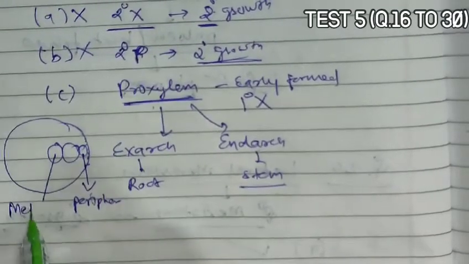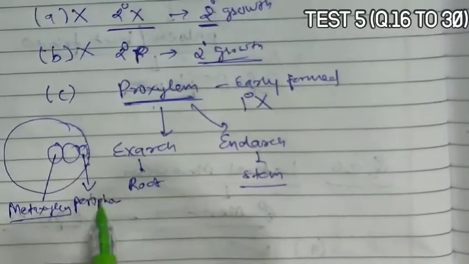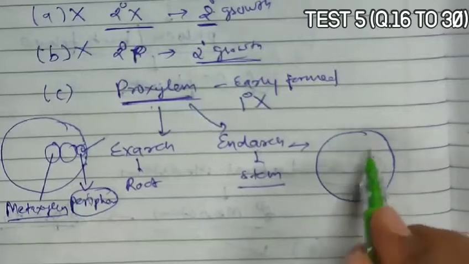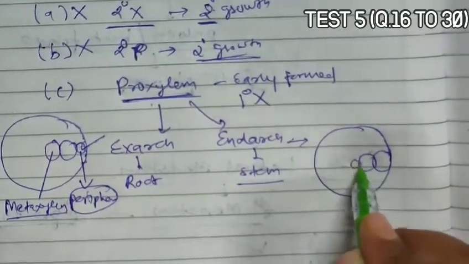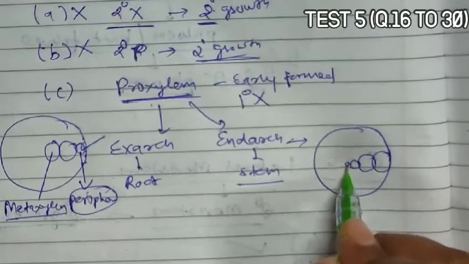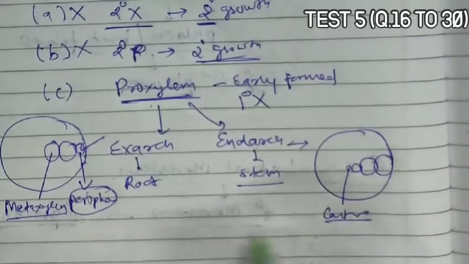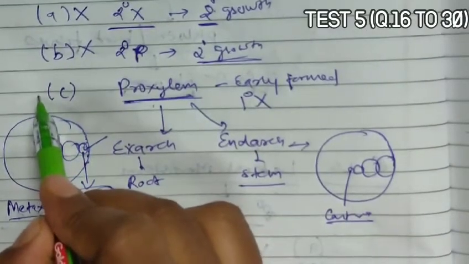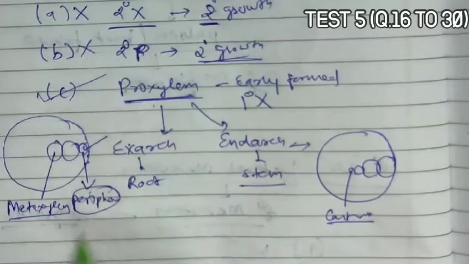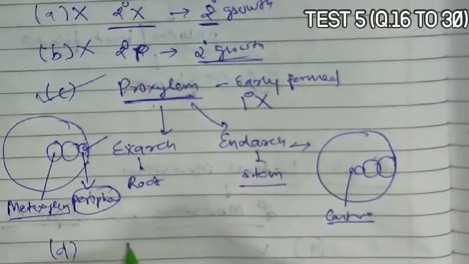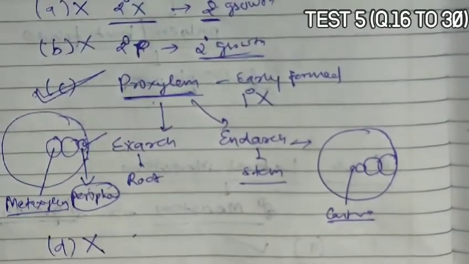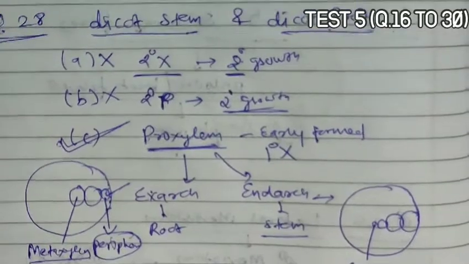Protoxylem is the early formed primary xylem. The arrangement of this is exarch in the root and endarch in the stem. If it is exarch, the protoxylem, which is early formed, lies towards the periphery, and metaxylem lies towards the center.